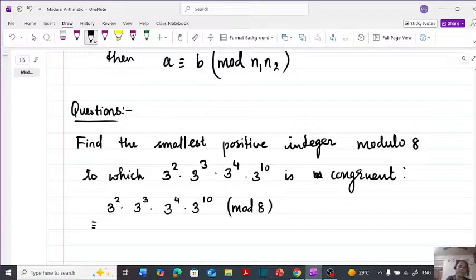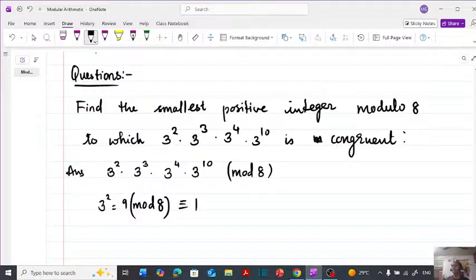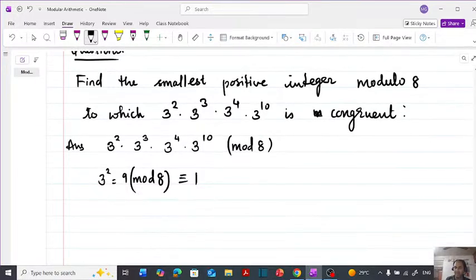So we already know in our mind that 3 square is 9, okay, and 9 modulo 8 is congruent to 1. So 9 is behaving like 1.